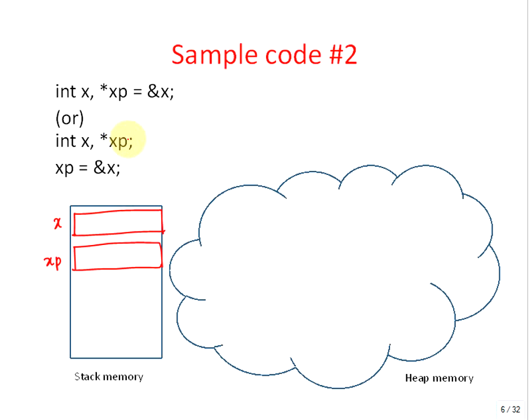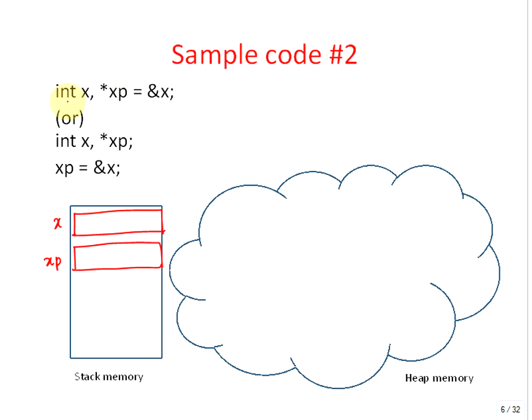We always need to understand how to say something in plain English. Int x means x is an integer variable. Int star xp means xp is a pointer, or it contains an address inside, and it points to a memory location that contains an integer.